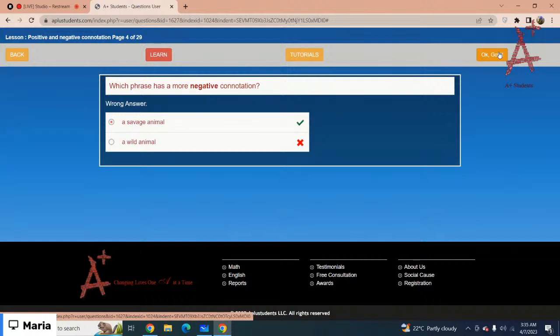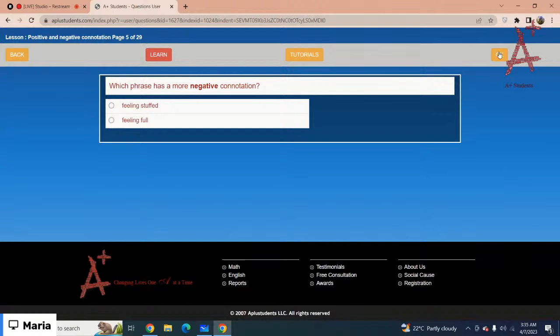Okay. Which phrase has a more negative connotation? Feeling stuffed or feeling full? Which is negative?